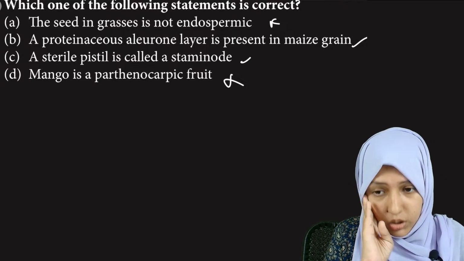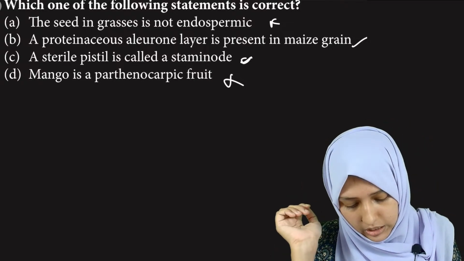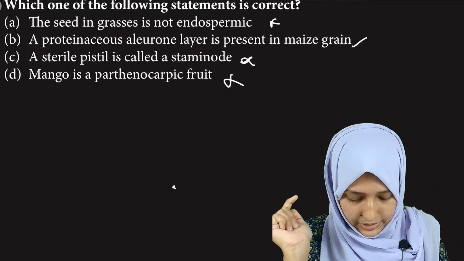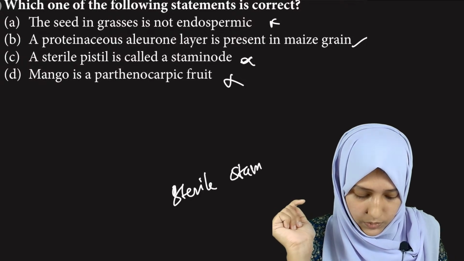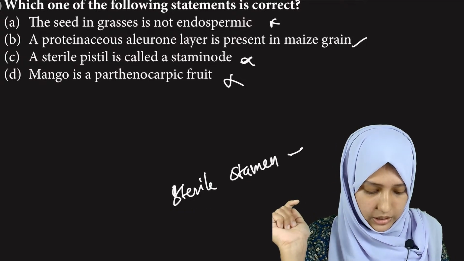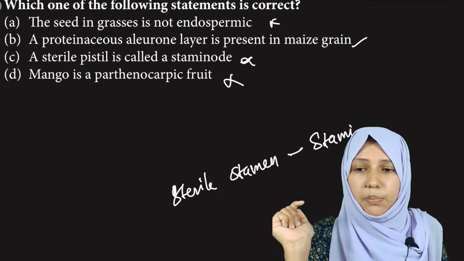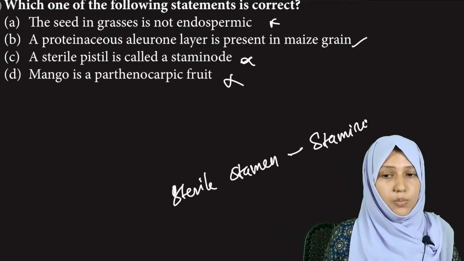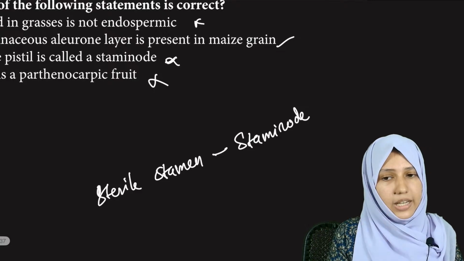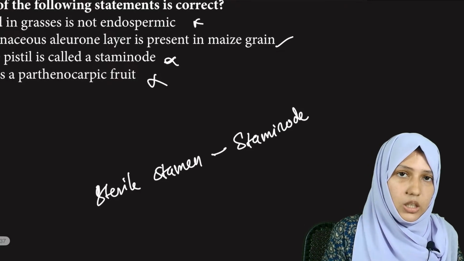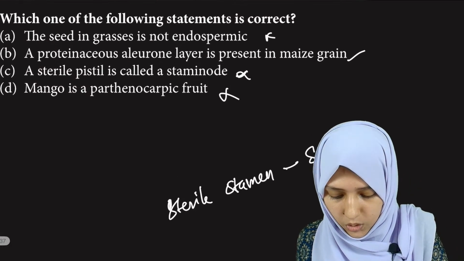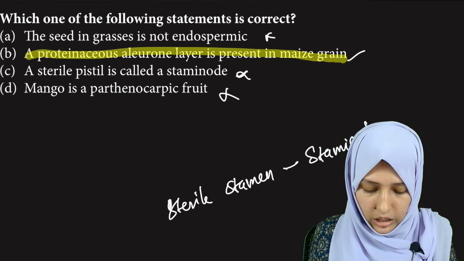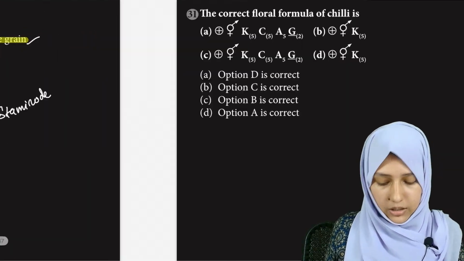A sterile pistil is called staminode. This is wrong again, because a sterile stamen, the male reproductive part, is known as staminode, but pistil is the female reproductive part. So the correct answer is option B.